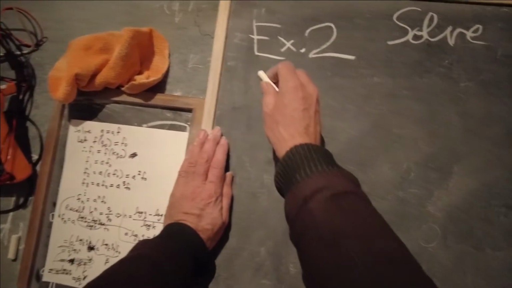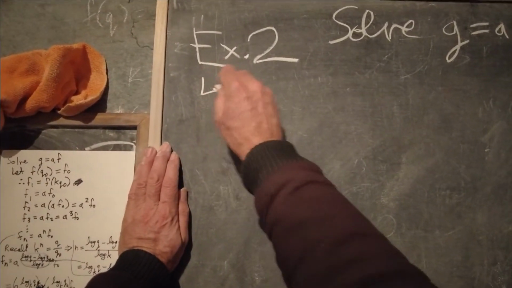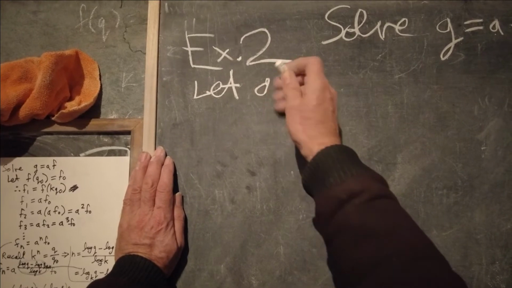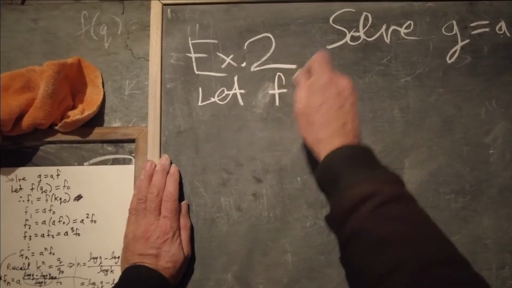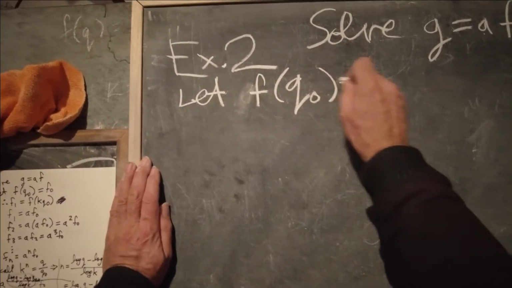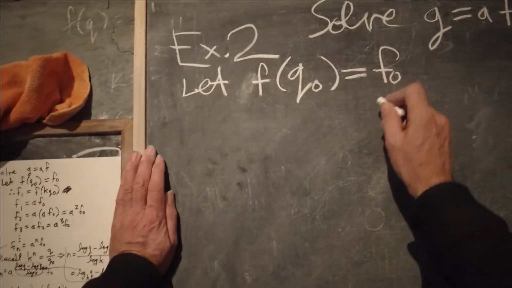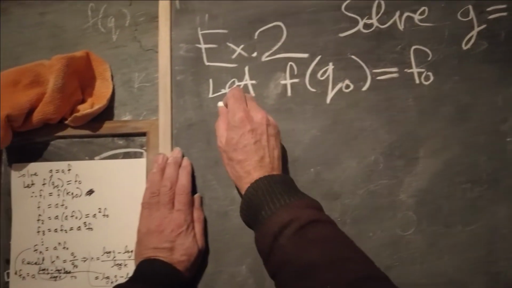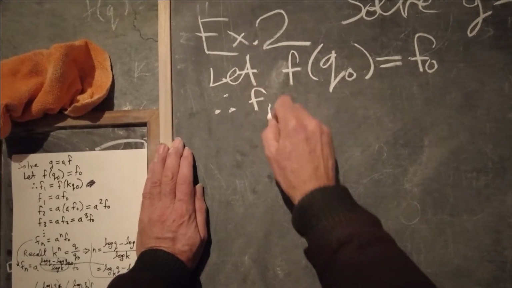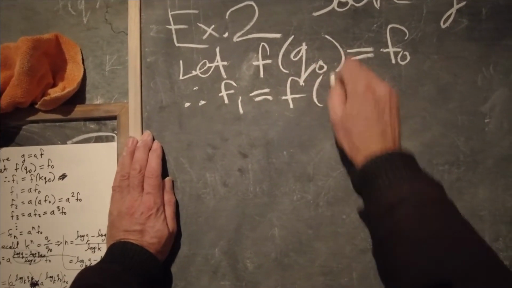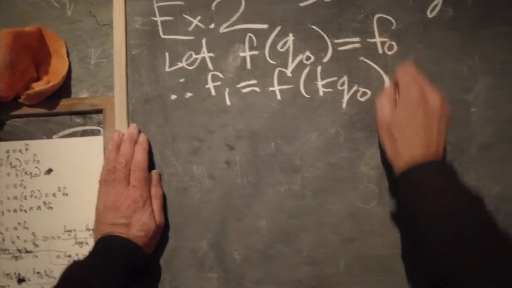So now let f of q0 equal f0. Therefore, f1 equals f of k q0.